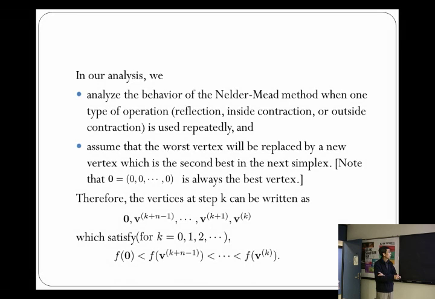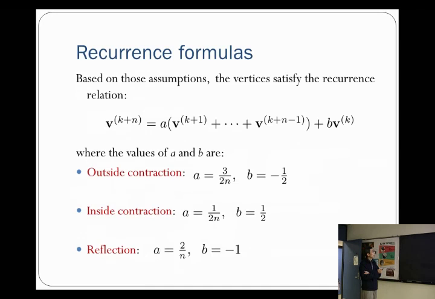Next step, this one will be replaced by the second base, somewhere here, a new one. Well, it turns out under this assumption, the vertices will satisfy an equation we're quite familiar with. This is a recurrence equation.